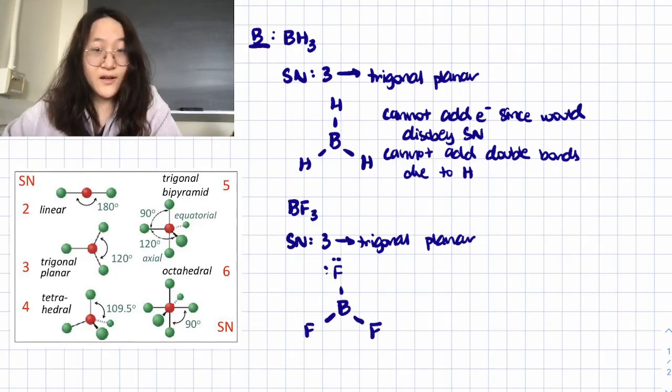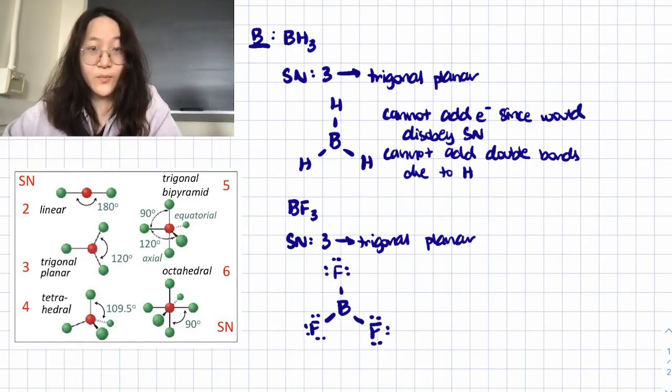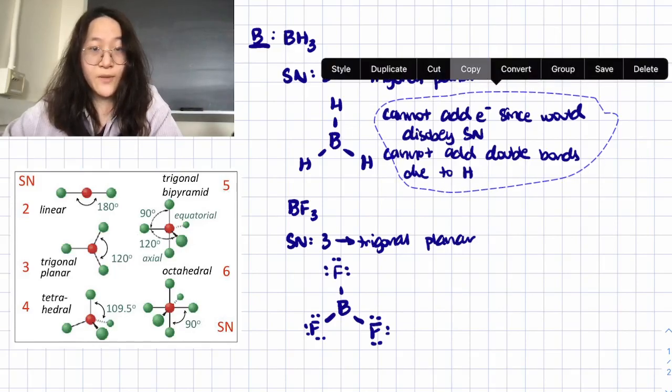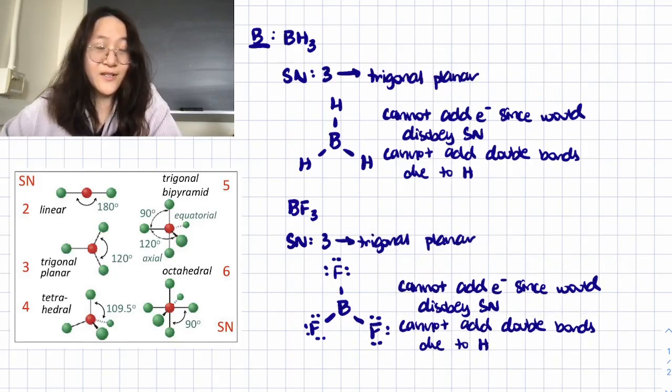Once again, that's all we can do here, because even though each fluorine will have a full octet, it will only form a single bond with boron. And so boron will not be able to add another lone electron pair to itself either, because it's going to change the steric number.